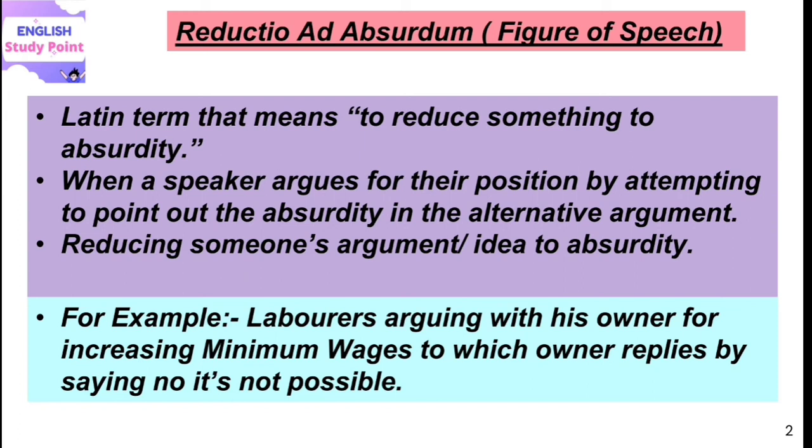So here you see that the factory owner is imposing his own will by simply saying no. So here no means that he is trying to prove his laborer's argument as absurd by imposing his own will by simply saying no. So this is a reductio ad absurdum example.